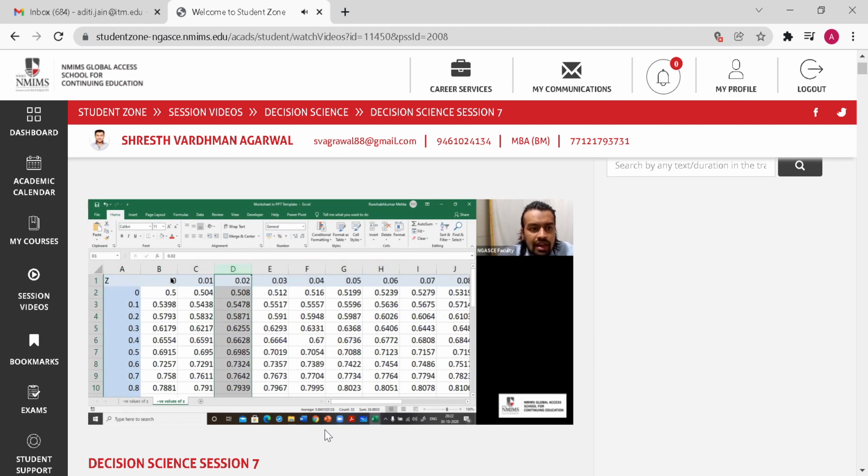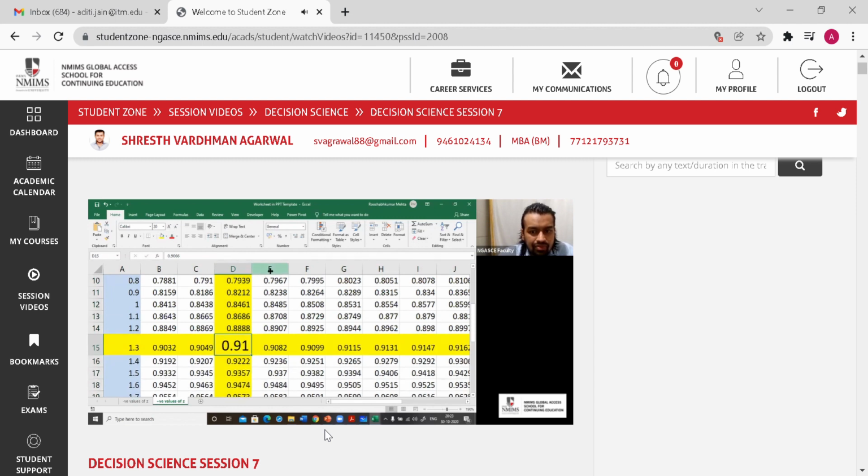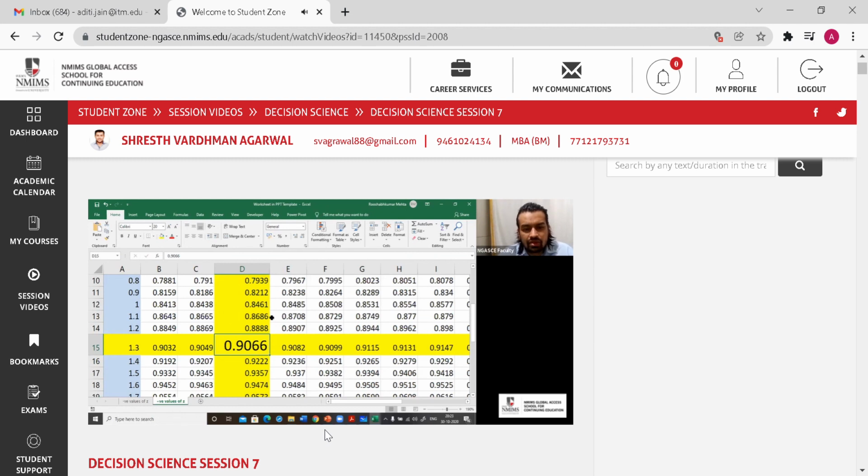Let me highlight this also. So this is the intersecting point. Got this? Is it clear to each and everyone? This is very important. Any doubt, I can repeat it at this point. Most of you are saying yes, but it's very essential for me to know that all of you just got this, how to find the Z value here. Is it clear?